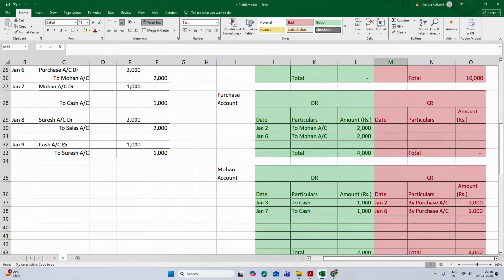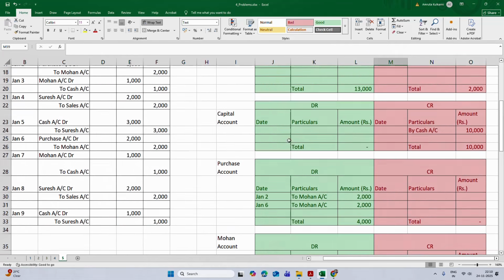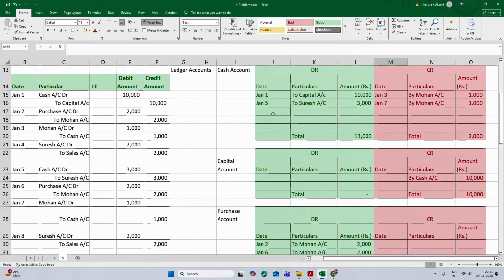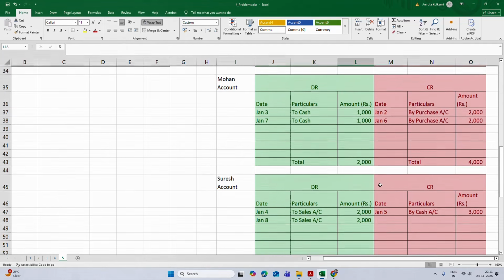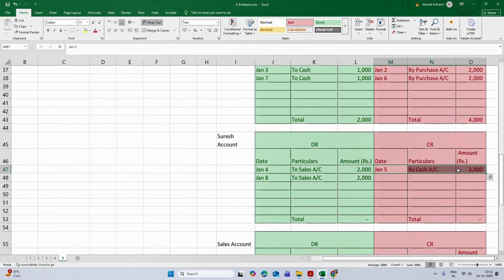And then the last entry is on Jan 9, cash account debited to Suresh account 1000. So on Jan 9, I will have to Suresh 1000, and in Suresh account I will have this entry on Jan 8, that is by cash rupees 1000.